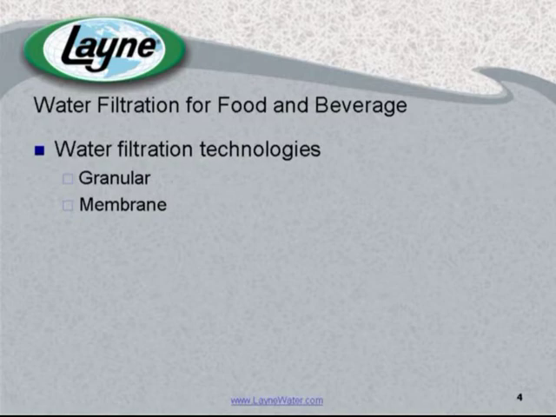So when you're talking about filtration, there's two main categories. The first is granular and the second is membrane. Now your granular filtration is kind of the old school approach to water filtration. And it still works very well, has a very broad range of applications, and there are probably a number of systems within your particular food and beverage plant that are using this style of filtration.